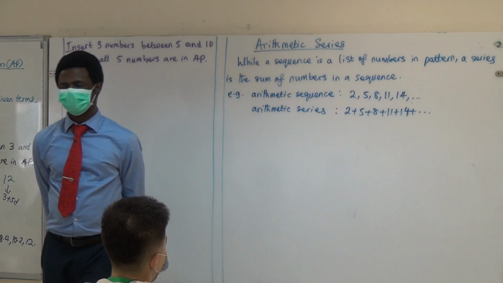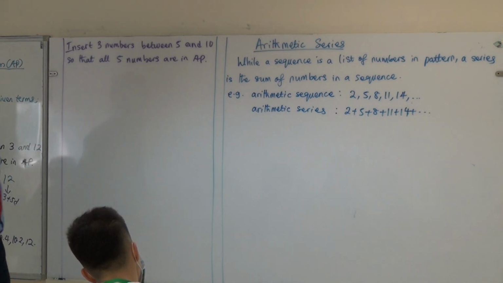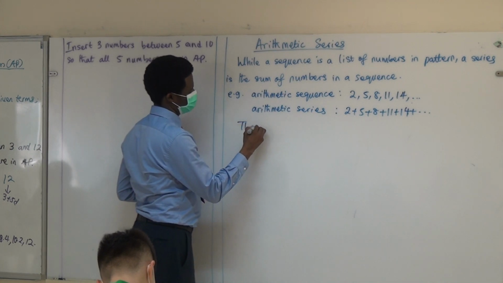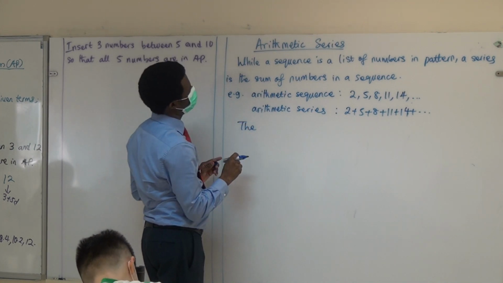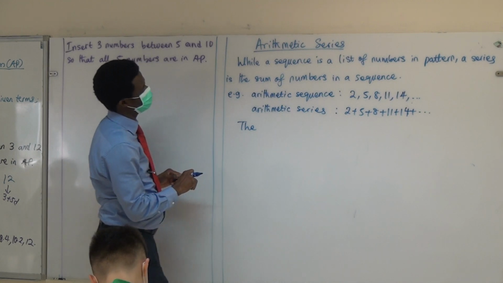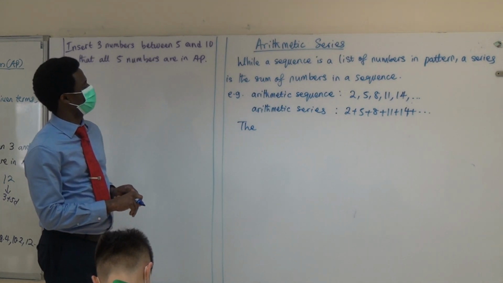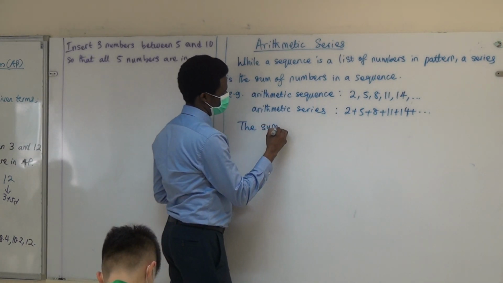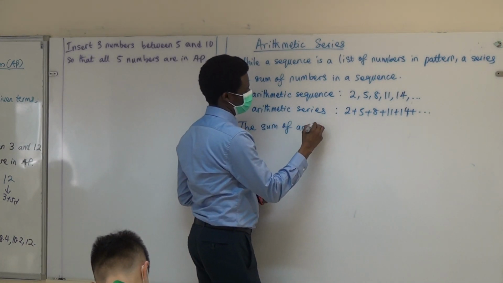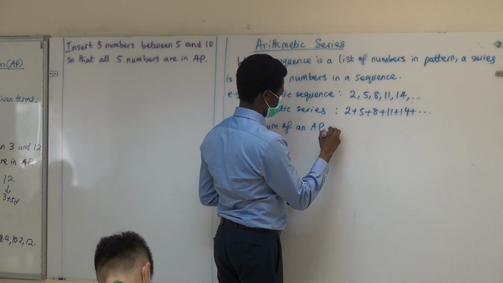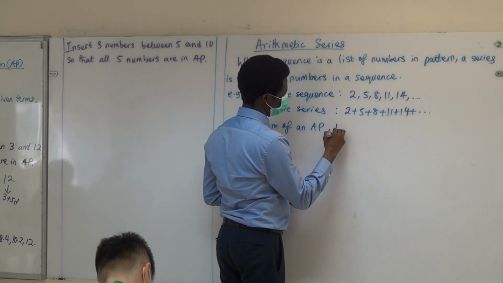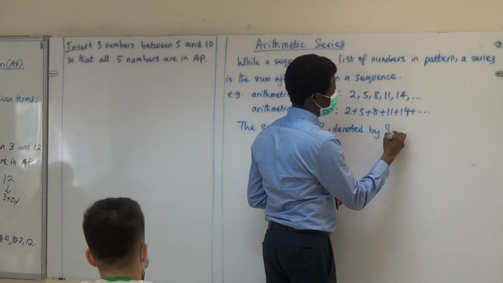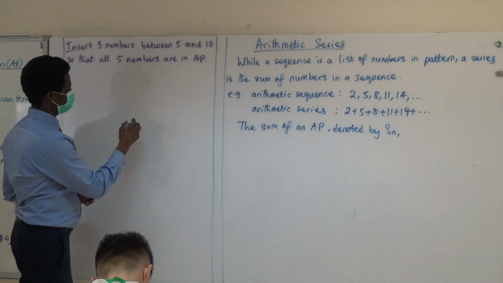Okay? So what we're interested in is the sum of an AP, and that sum is denoted by Sn. Can you see how I wrote my Sn?